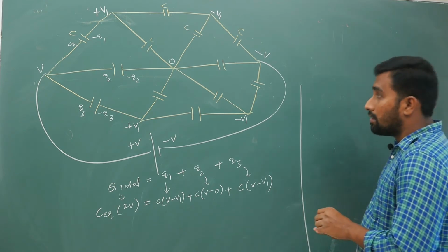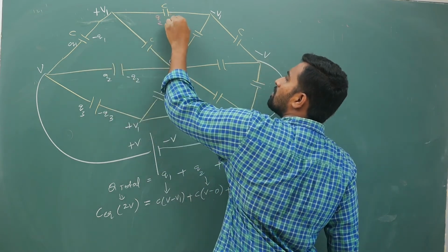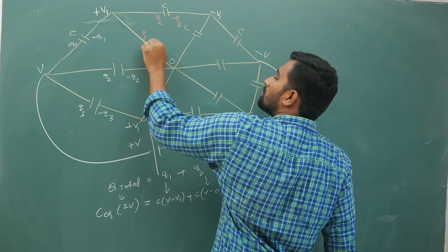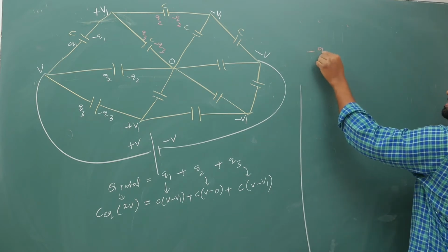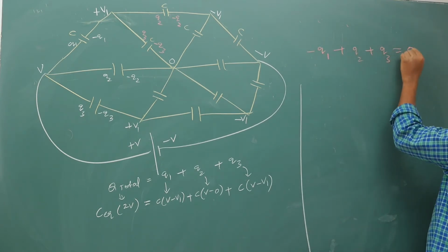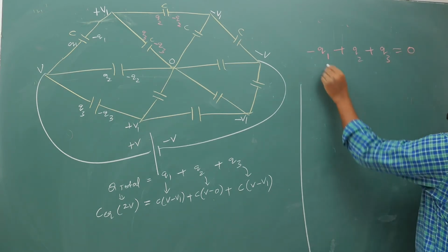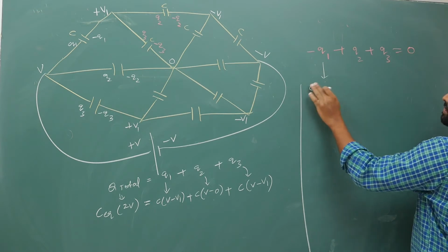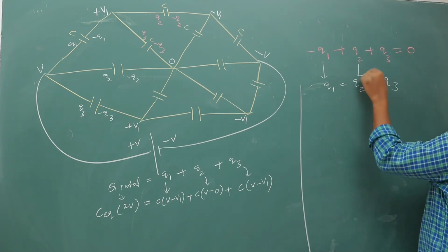Next, take this enclosed charge, this is Q1, so plus Q2 minus Q2 plus Q3 minus Q3. If you simplify this, minus Q1 plus Q2 plus Q3 is going to be equal to 0. So Q1 is equal to Q2 plus Q3.